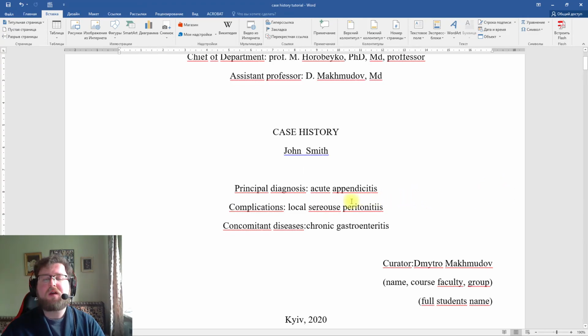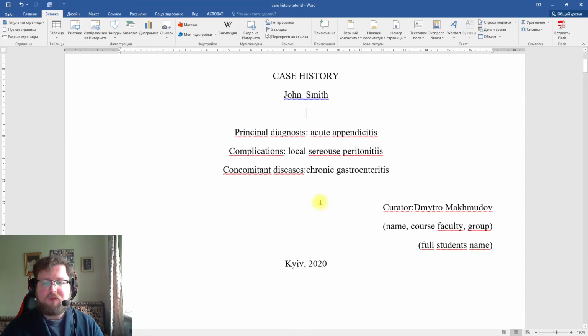Then the principal diagnosis, leave this field blank for you because each group will have its specific disease, which we're going to talk about. Complication, also leave this field blank because I'm going to give you the specific complication for this particular patient. Concomitant disease, chronic gastroenteritis.